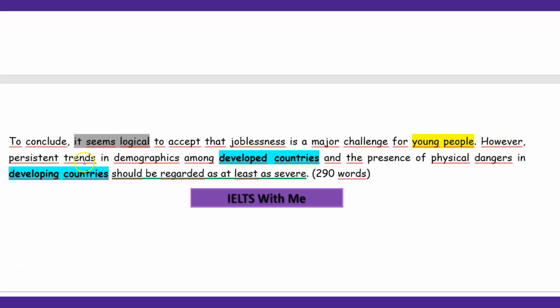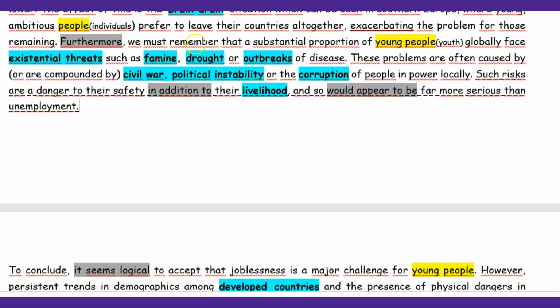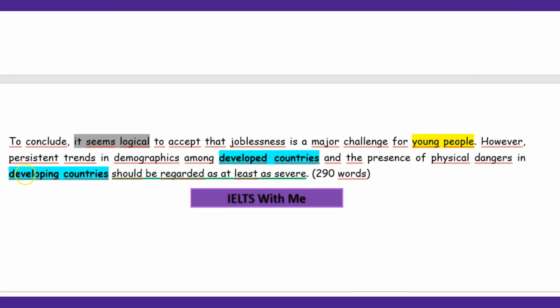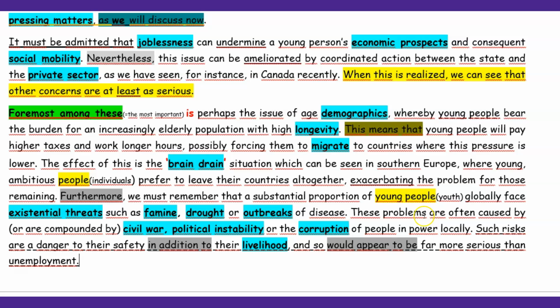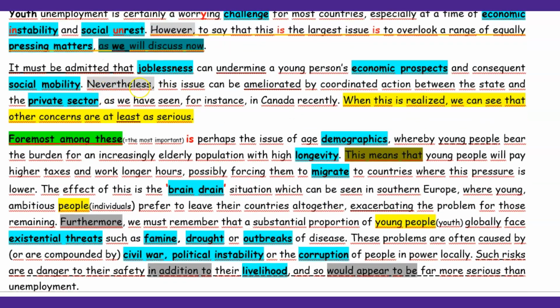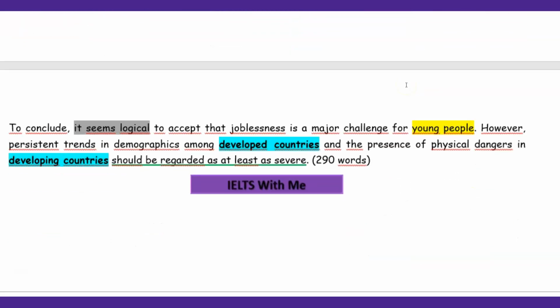However, persistent trends in demographics among developed countries, advanced countries, and the presence of physical dangers, mentioning famine, drought, outbreaks of diseases, political instability, civil war, corruption in developing countries should be regarded as at least as severe. Please pay attention that the candidate used very topic specific vocabularies, academic phrases, linking sentences as well. Okay.